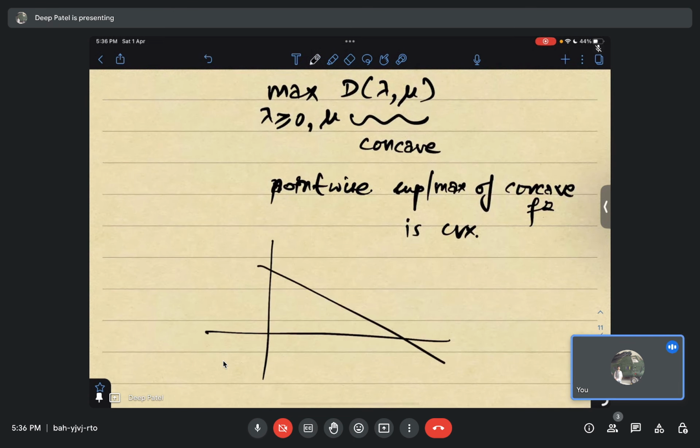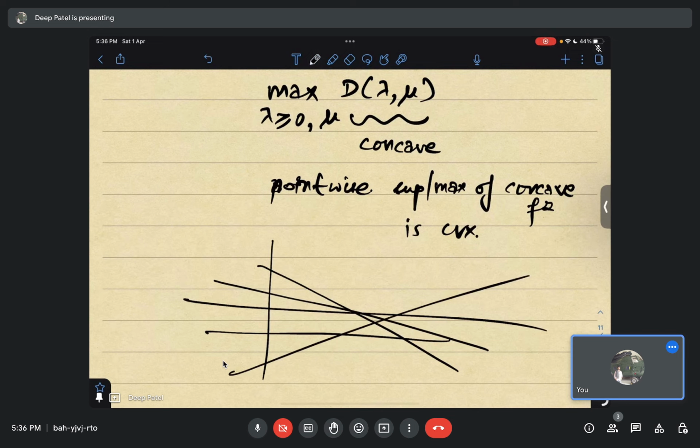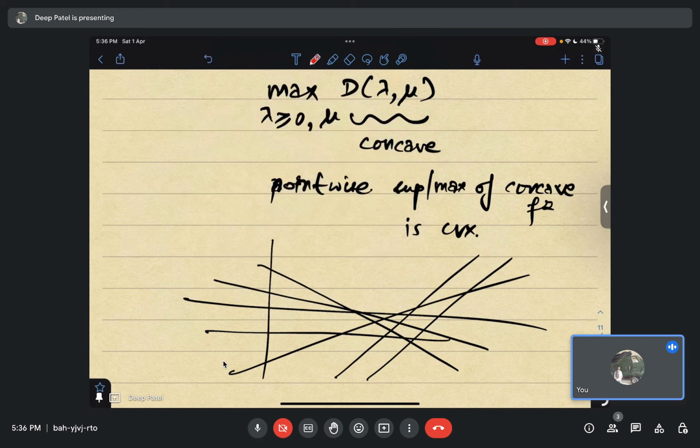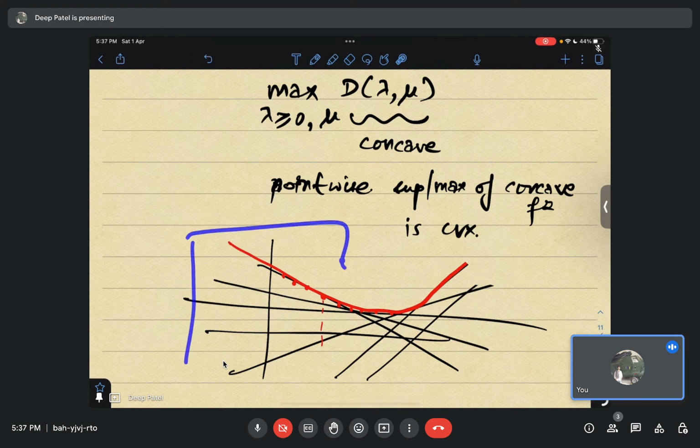At any point, this is the maximum. By the way, what I did here is a hint perhaps to also prove this.